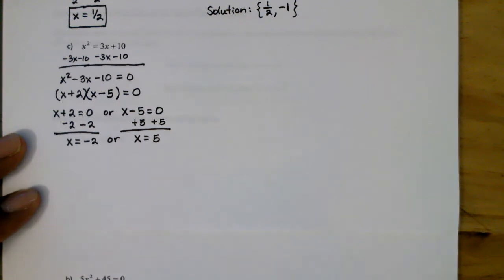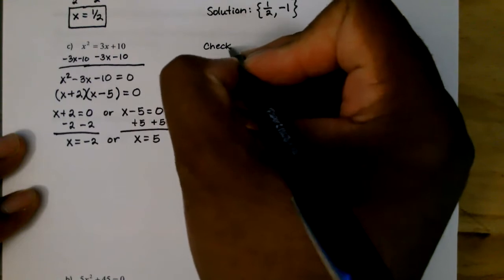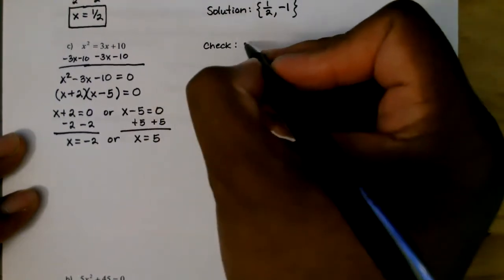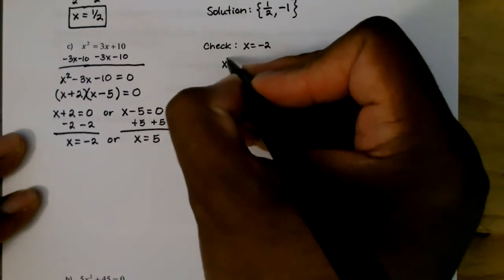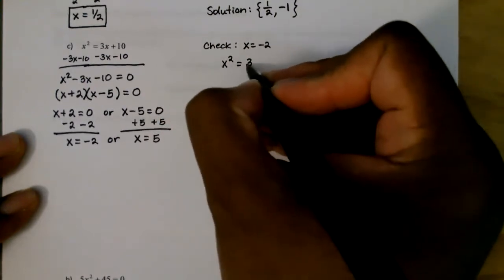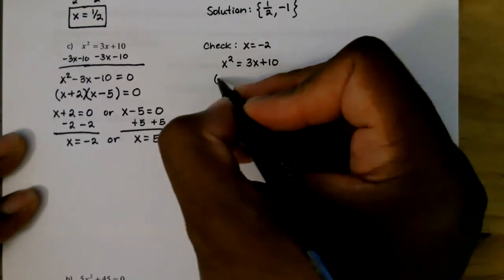Okay. Now, of course, I'll go ahead and do the check for these. Let's start with x equal negative 2. And my original equation is x squared equals 3x plus 10. Substitute each x with negative 2.